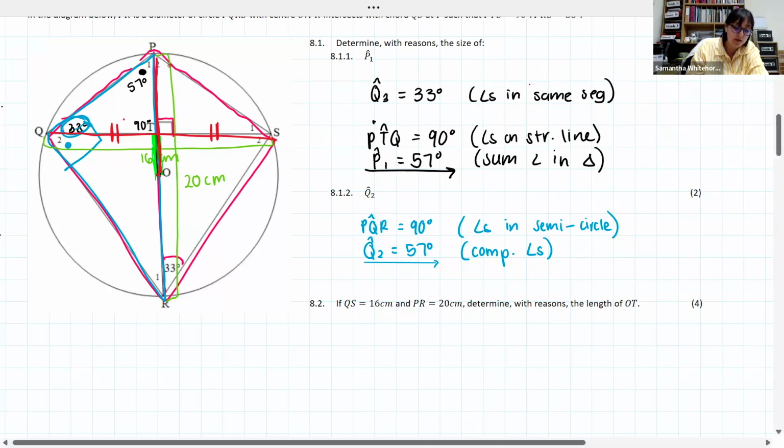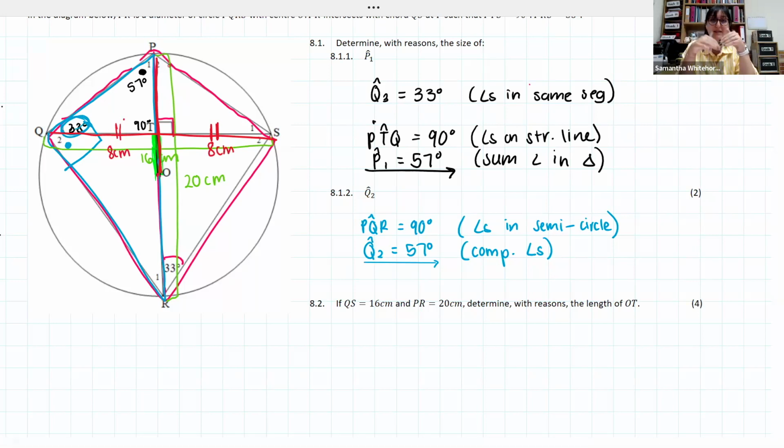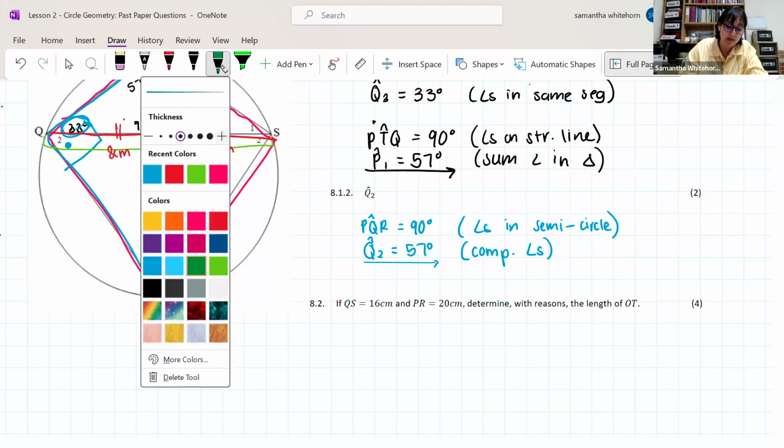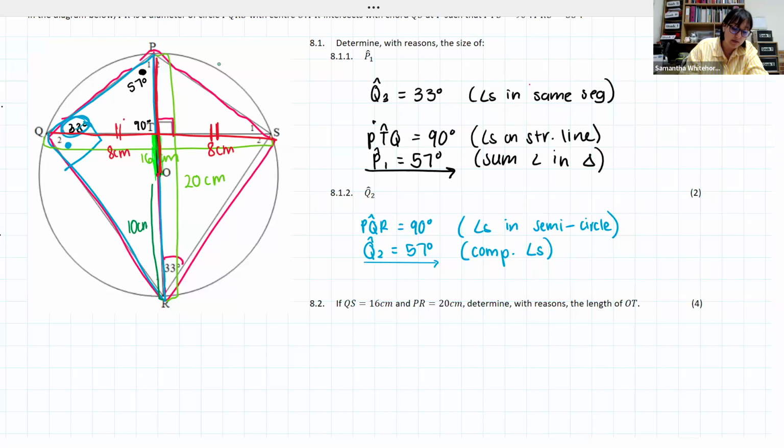Okay, we know that this is 8 centimeters and this is 8 centimeters because the whole line was 16. It's bisected, so 8 and 8. And then obviously remember, because PR is a diameter, the radius from O to R is 10 centimeters, and from O to P, 10 centimeters.